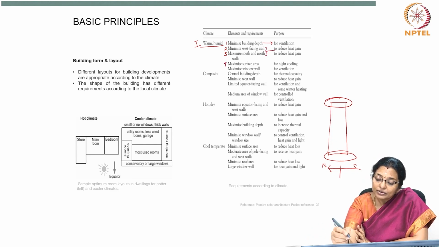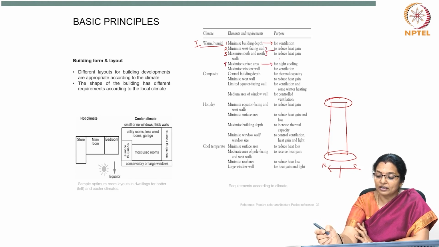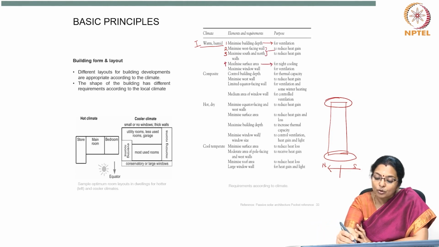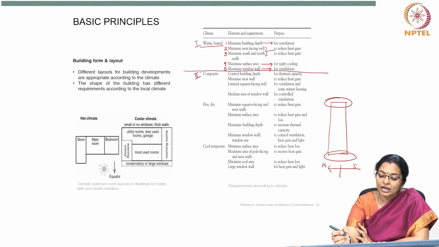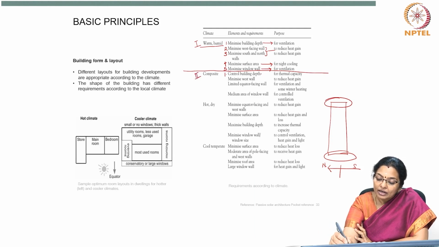The surface area must be maximized so that you can tap night cooling. You must maximize the window wall to tap the ventilation. For the composite climate, you must control the building depth for thermal capacity.